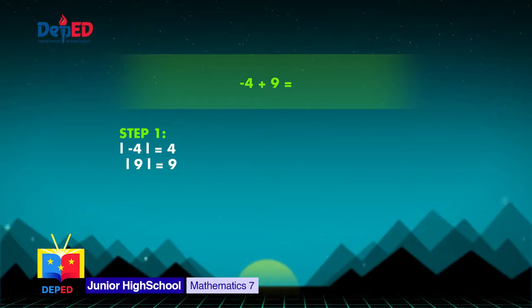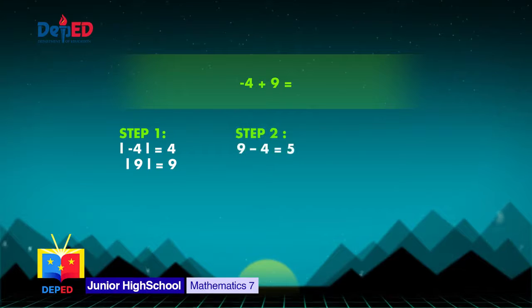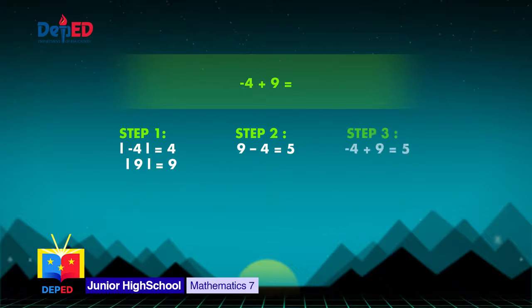Step 2. We need to subtract 4 from 9, and that is equal to 5. Step 3. Since the sign of 9 is positive, our answer must also be positive. Therefore, our final answer is +5.